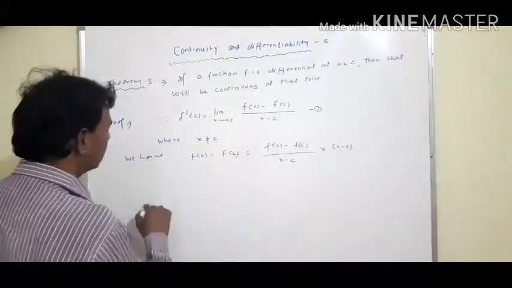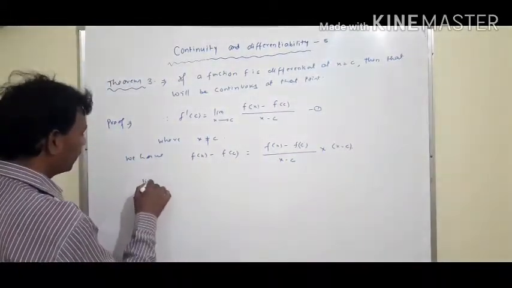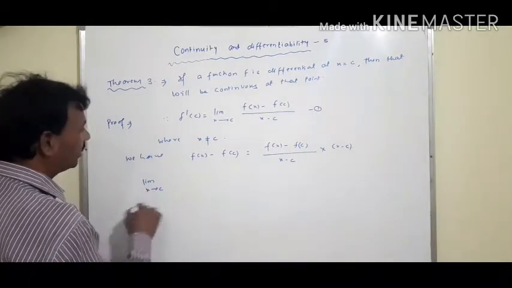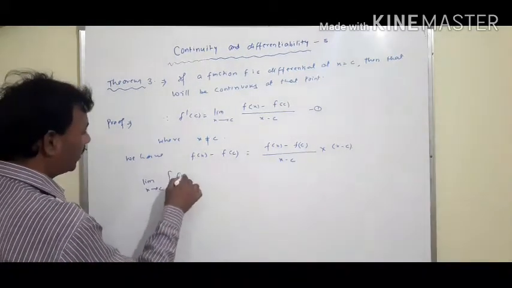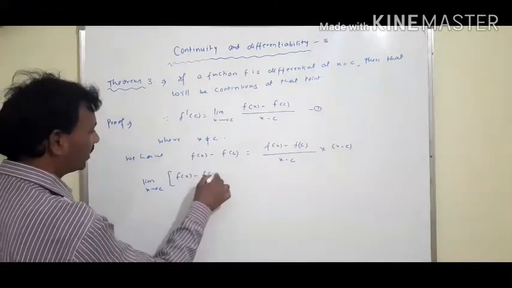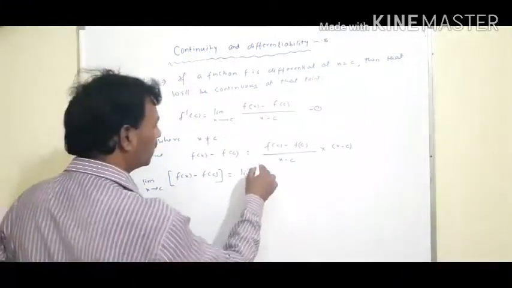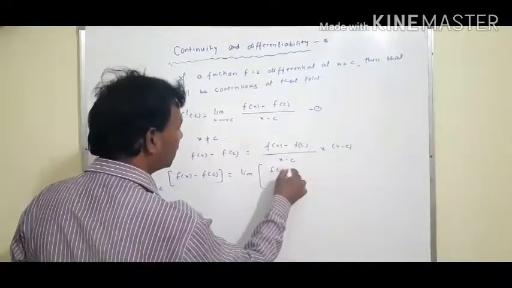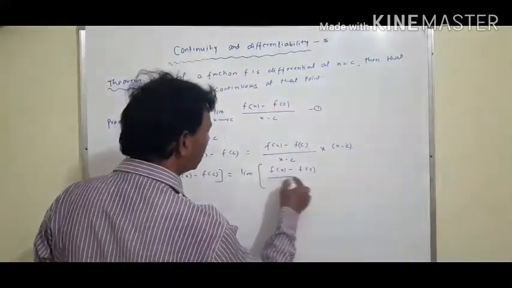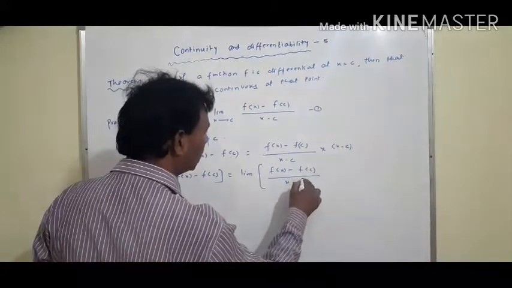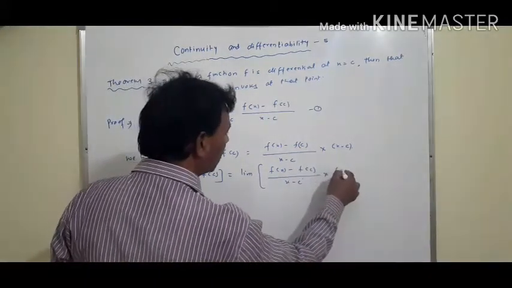Taking the limit x to c, limit of f of x minus f of c equals limit of f of x minus f of c upon x minus c, into x minus c.